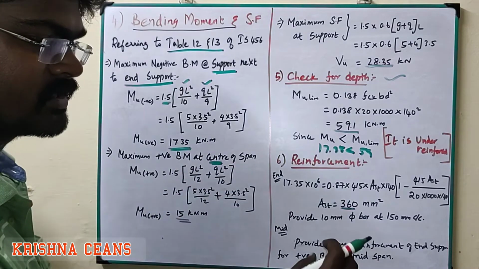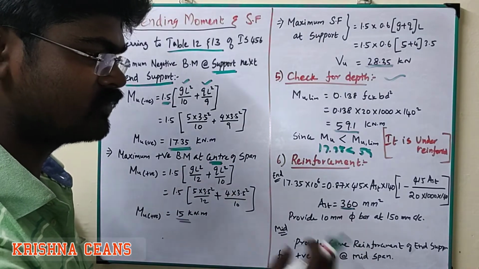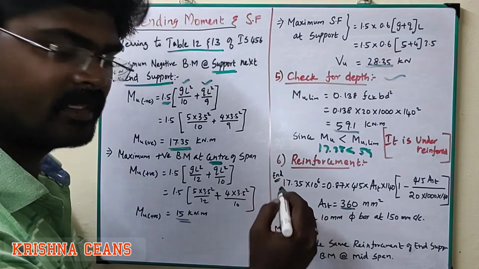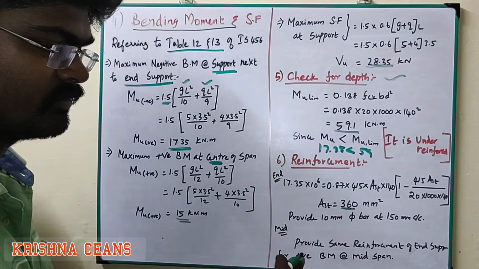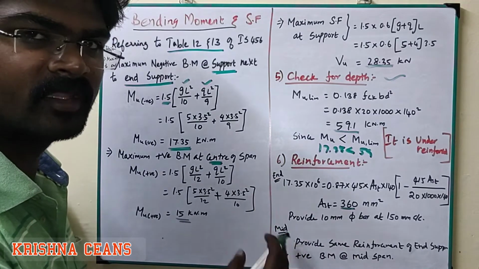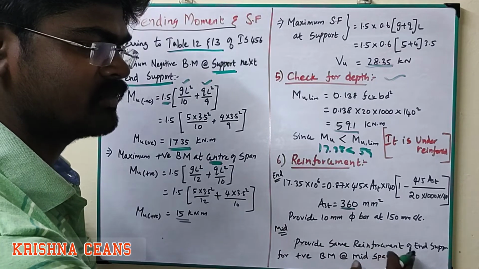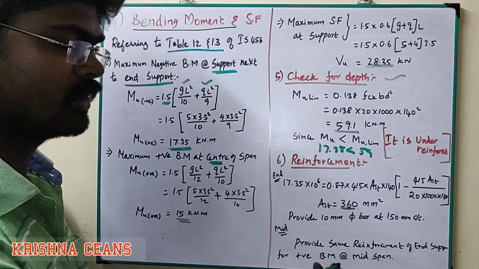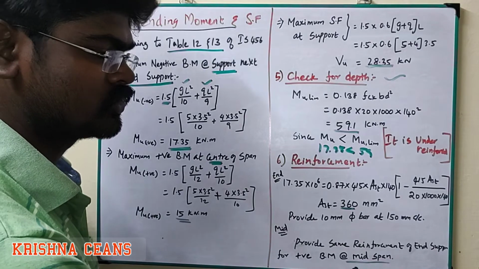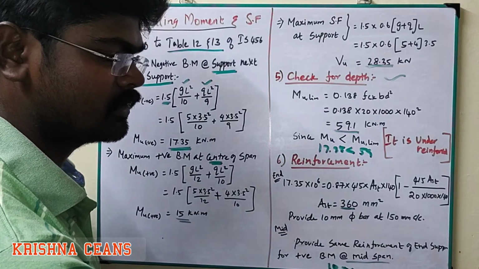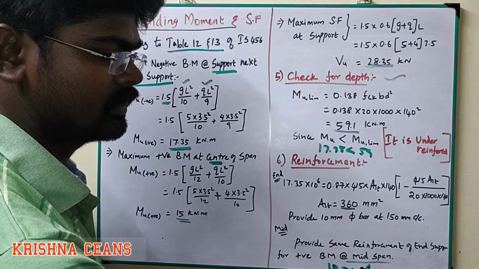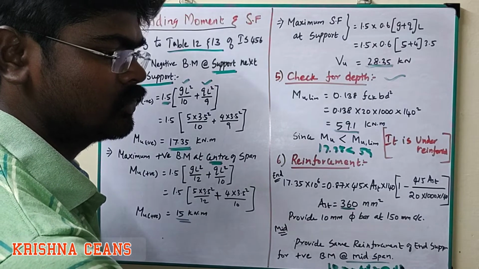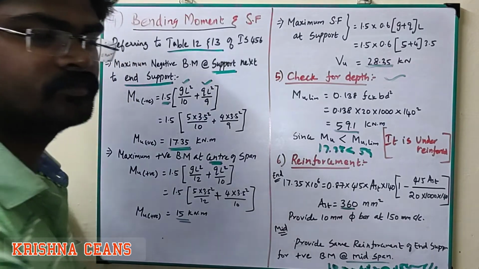So we straight away provide the same reinforcement we provided for the end for the mid span also. So here also we provide 10 mm dia bar at 150 mm center to center.